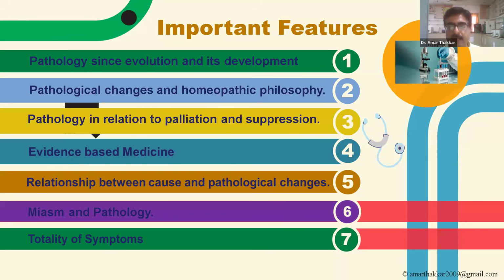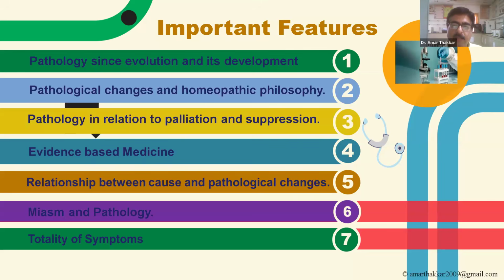And lastly, after knowing about all these aspects of pathology and correlating it with homeopathic fundamental principles, we come to the end part where ultimately each and every physician is going to make a totality of symptoms.